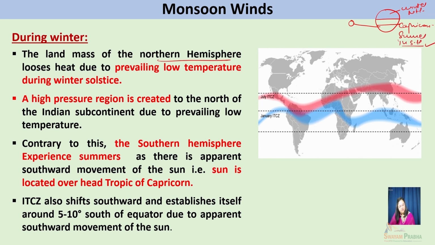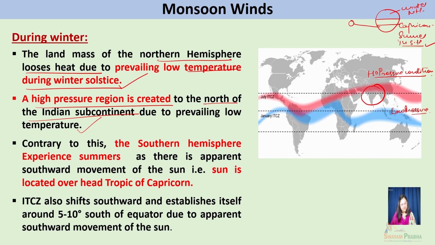So the land mass of the northern hemisphere loses heat due to prevailing low temperature conditions during the winter solstice, because of which in the northern hemisphere you have high pressure conditions, whereas in the southern hemisphere you have low pressure conditions. So a high pressure region is created to the north of the Indian subcontinent due to prevailing low temperature. So this is the Indian subcontinent. Due to extremely low temperatures, very high pressure conditions exist in this region of the world.